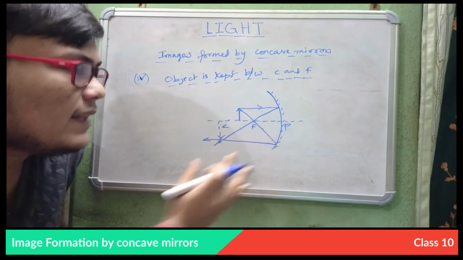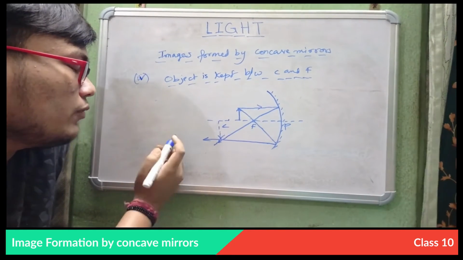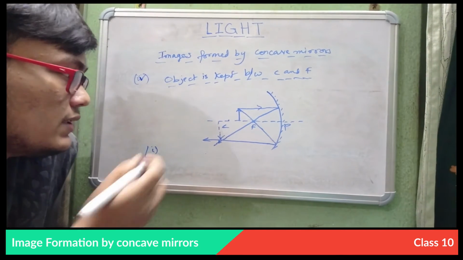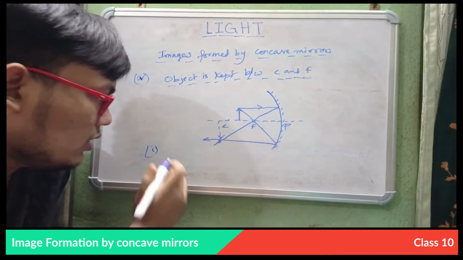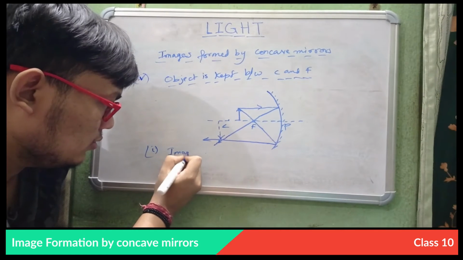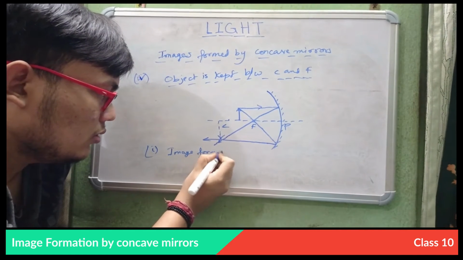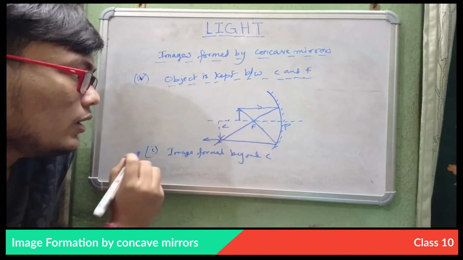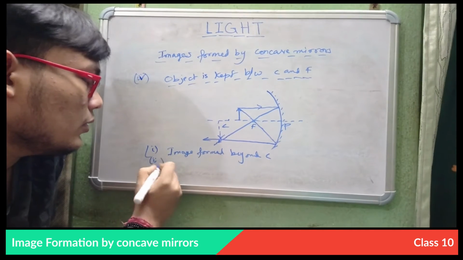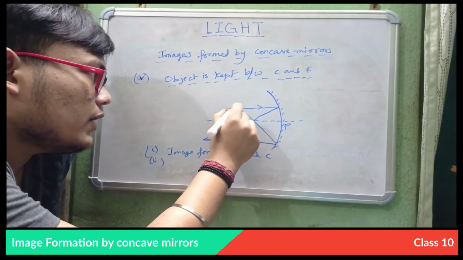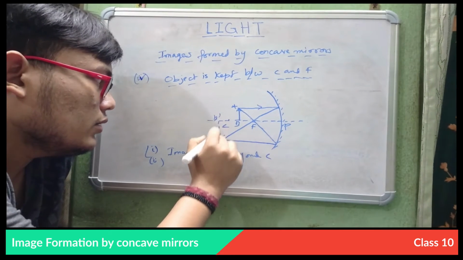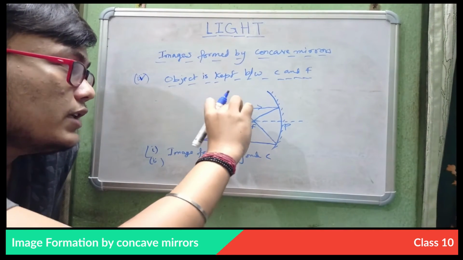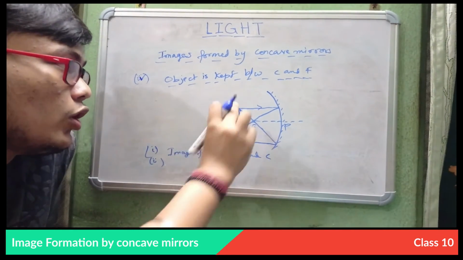Looking at this ray diagram, what we can notice about the characteristics of the image is that it is formed beyond the center of curvature, beyond C, right? Second, if this is A, this is B, this is B bar, this is A bar, the image A bar B bar is larger in size than the object AB, right?